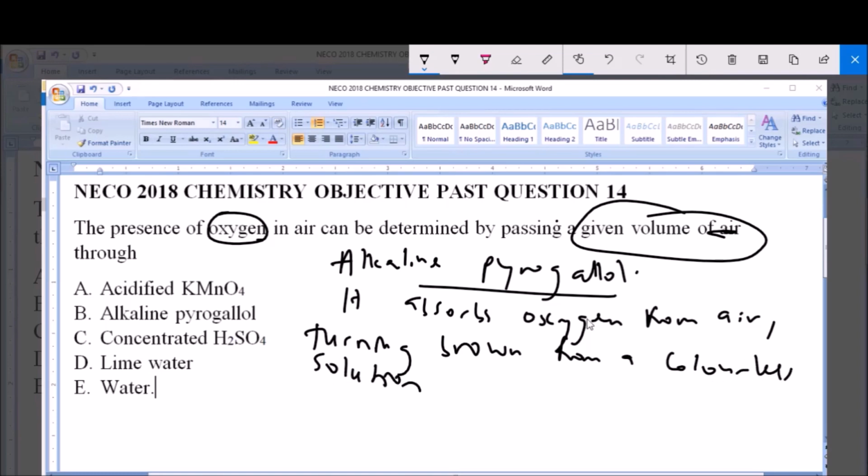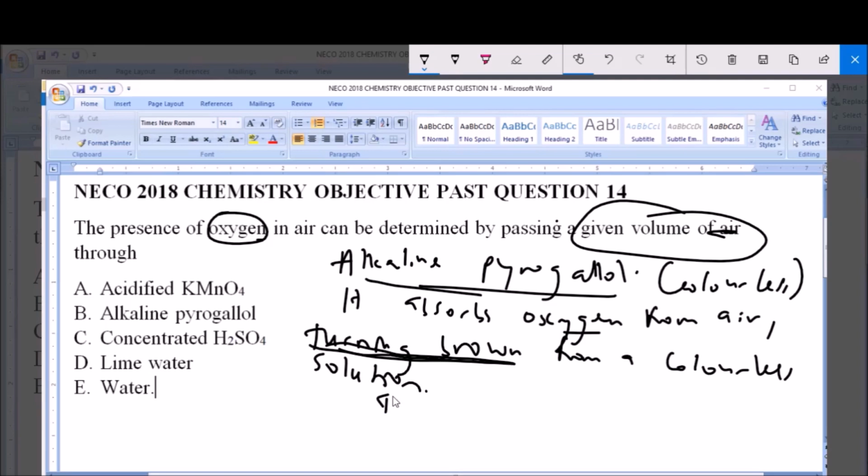So what happens is that alkaline pyrogalol is usually colorless, but when you pass a volume of air containing oxygen, of course, it will absorb that oxygen from the air and turn brown. So it will no longer be colorless again, it will become brown.